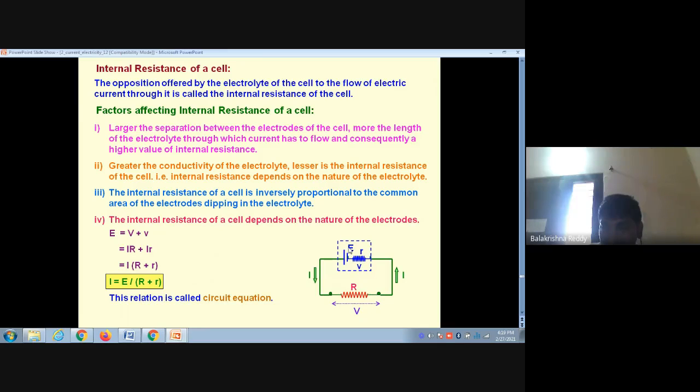This is the EMF. This small v is the voltage which has been consumed by the internal resistance. So this V plus this v gives the EMF. That is, EMF equals capital V plus small v. Now capital V has come due to the external resistance.